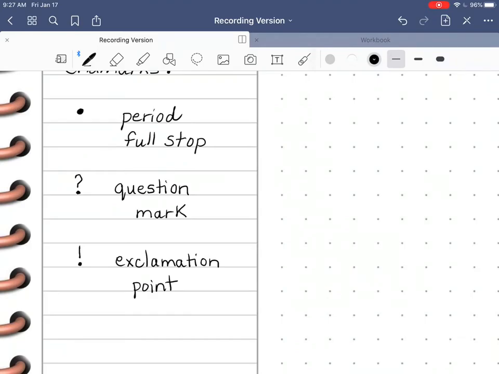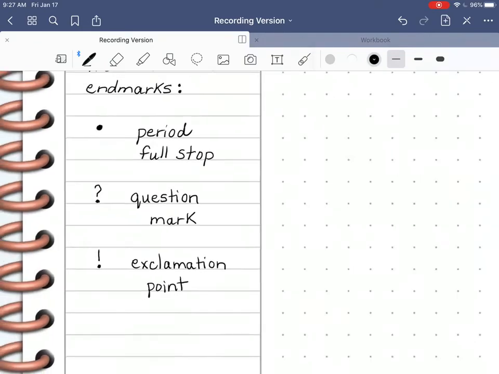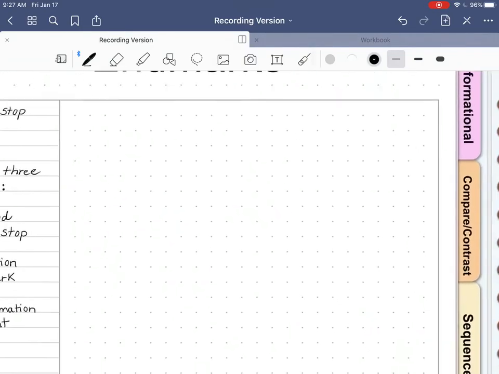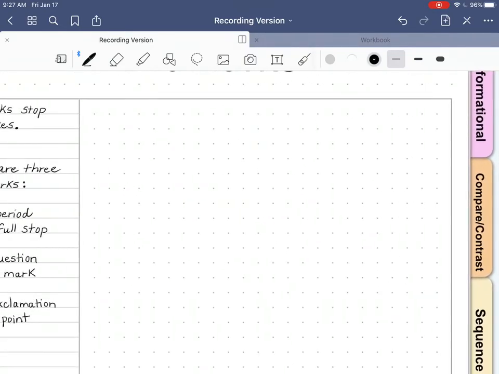So let's talk about when we use each one. How do I know if I need a period or a full stop or an exclamation point? How do I know? And there are some rules on that. So come over here to your dot grid space and I want you to draw a line for me. I'm going to go 2 spaces down, 2 spaces in, and go over 2 spaces to the end. So something like that.